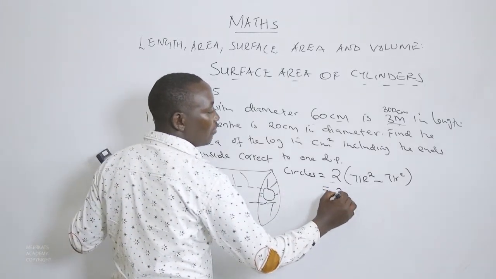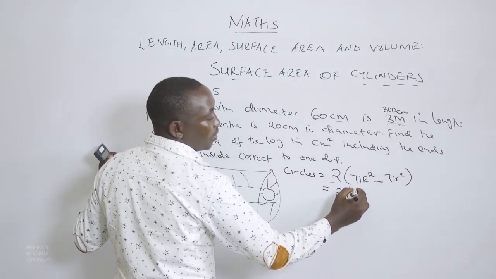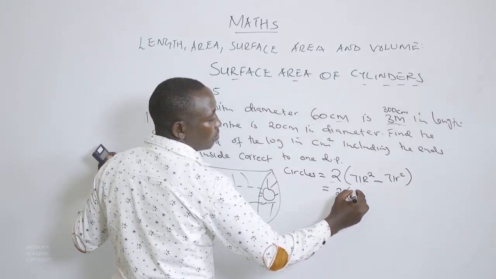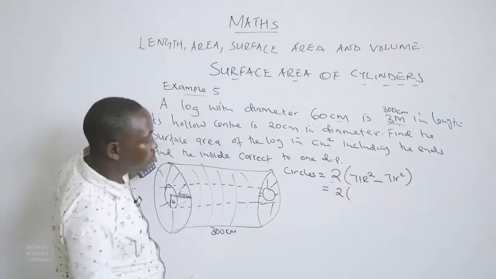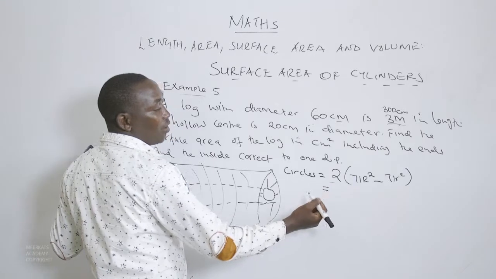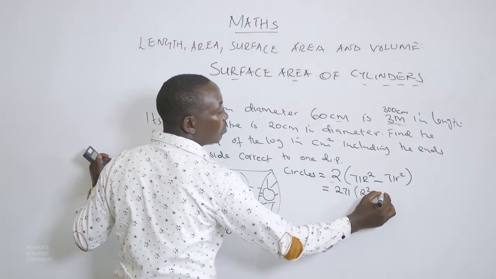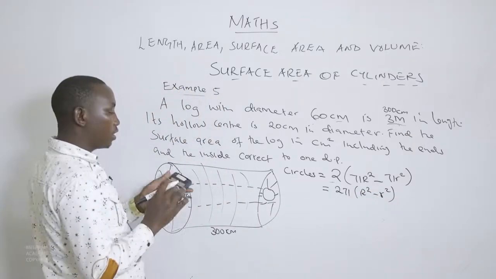This shall give us 2 multiplied by, we can factor out pi, so that we have 2 pi into R squared subtract small r squared.